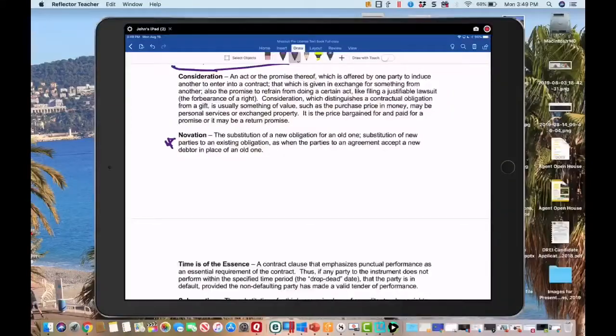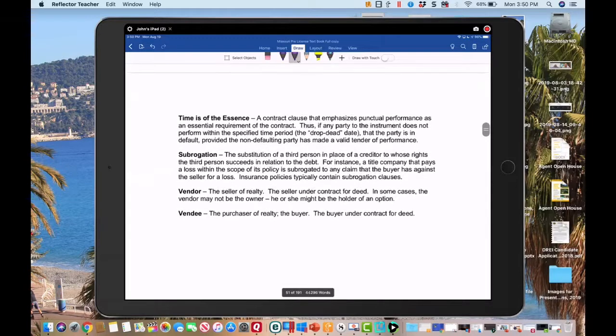So that new contract would, under novation, you can see that there, it's the substitution of a new obligation for an old one, or substitution of new parties to an existing obligation, as I mentioned to you with my scenario. So that is novation.